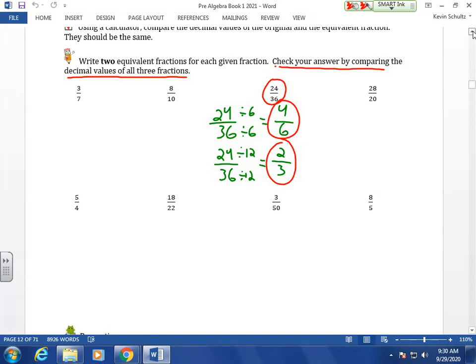Take out a calculator. That fraction means division. You can take 24 divided by 36, 4 divided by 6, 2 divided by 3. Since they're all equivalent, the decimal values for each of them will be the same. What decimal value do we get if we divide 24 by 36 or 4 by 6 or 2 by 3?